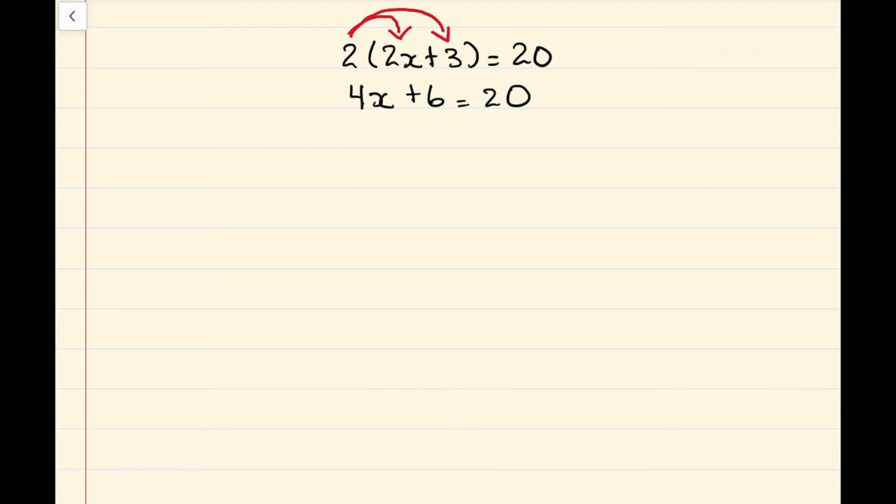So now let's just solve for x. Let's subtract 6 from both sides, because when we subtract 6 from this side, they cancel out. So then our resulting equation would be 4x is equal to 20 minus 6.